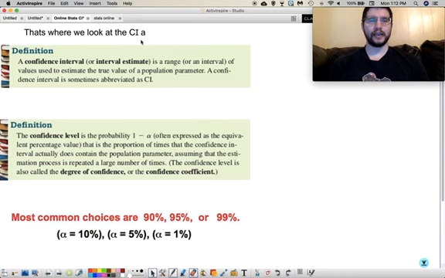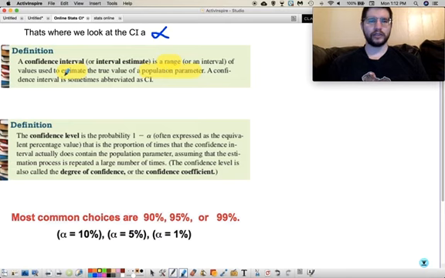We're going to look at the CI, confidence intervals, and alpha. A confidence interval is a range of values used to estimate the population parameter.